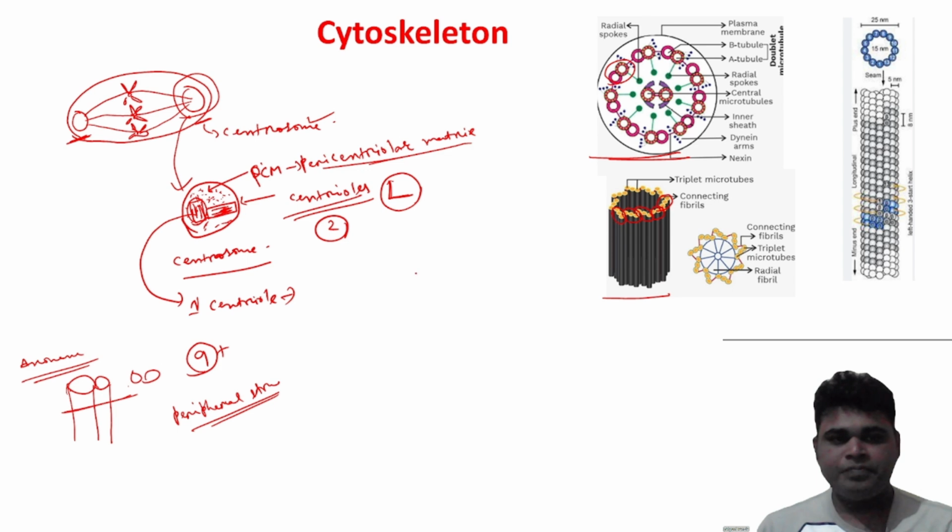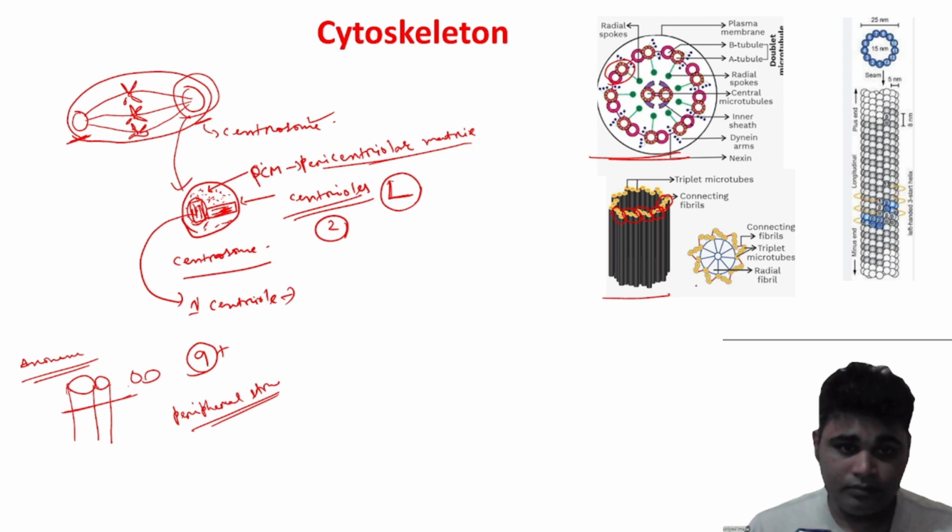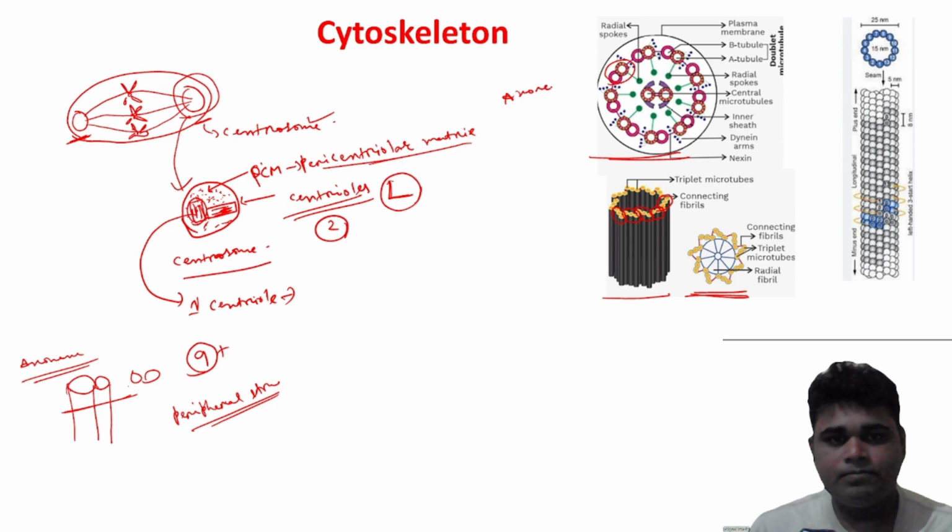Now the basal body looks like this. This is the axoneme structure, and this is the basal body, which is similar to the centriole.